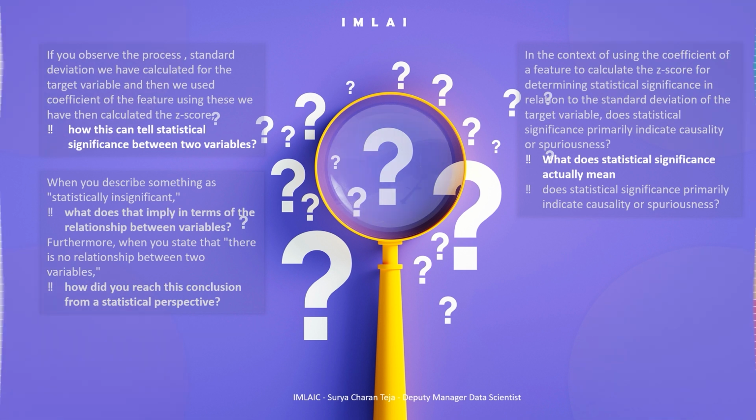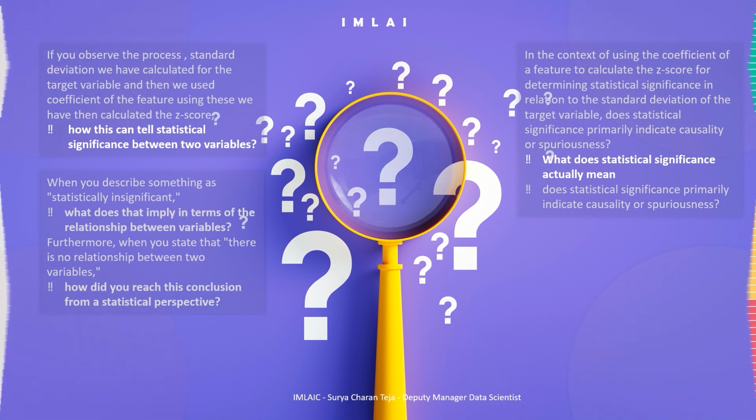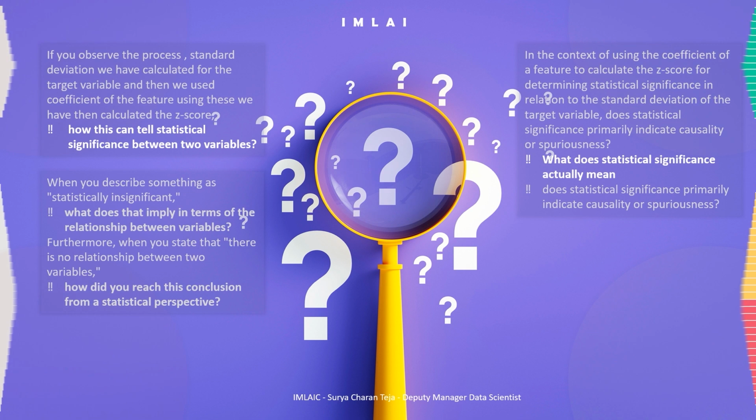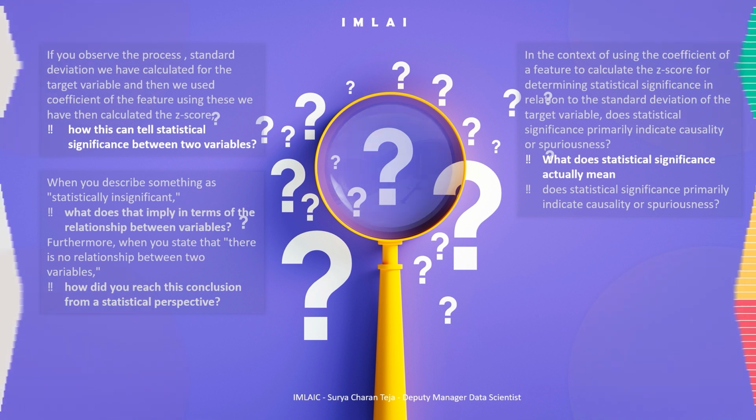How does it make sense? How is it possible? How can a p-value from a standard distribution tell the relationship between two variables? Yes, it's a serious question. It's a question to ponder about. If you know the answer, put it in the comments, or else just brace yourself for the action.